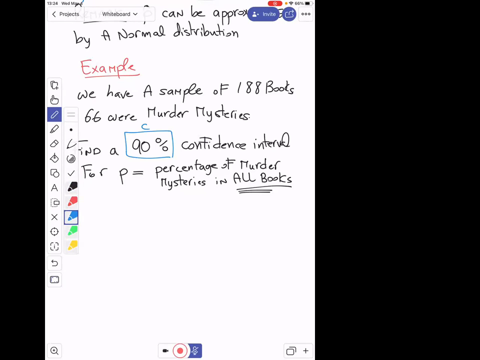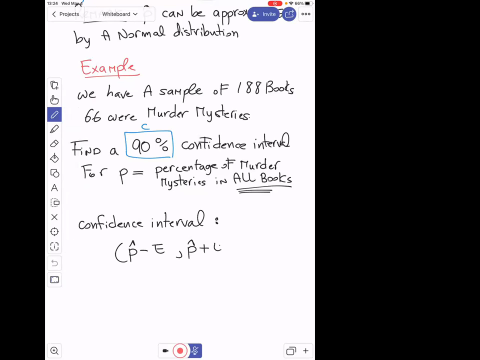As a first step, I want to find this confidence interval. The confidence interval is supposed to be P hat, this proportion of successes, minus E, P hat plus E. So step one, you're supposed to compute the P hat. We already computed the P hat, right?